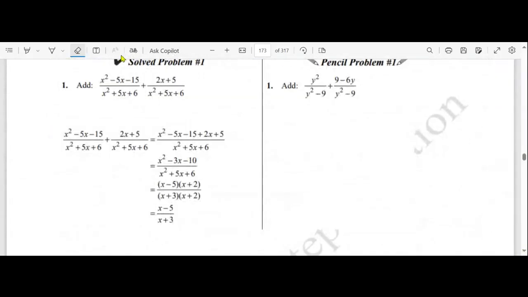So this is the summary. Let me give you a step-by-step solution, okay? So I have y squared minus 9, y squared minus 9. Are you lucky here? Yes, because they are the same.